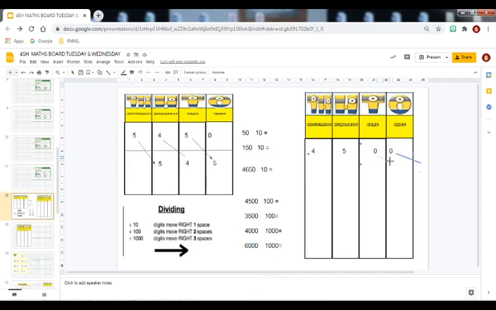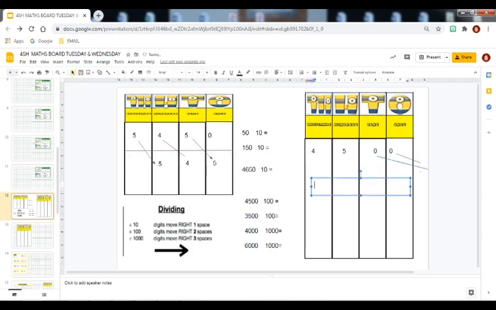If I move it 1 place, it goes to the ones. 2 places, it goes off the grid. It's not on my place value grid anymore. So now I'm going to have a go at making the rest of it 100 times smaller.